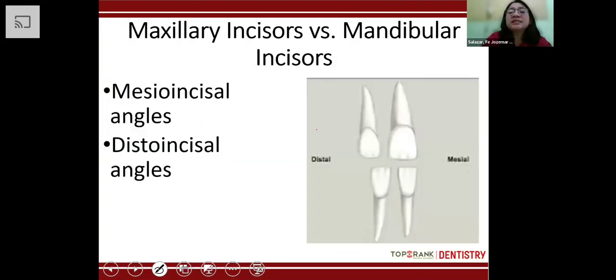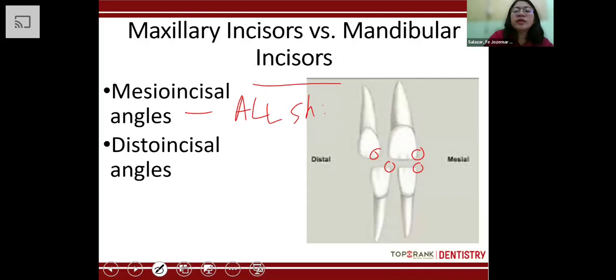Now let's discuss the incisal angles of your incisors. Okay. So tingnan natin yung mesio-incisal angles nila. Mesio-incisal angles are all sharp. For the incisors, all mesio-incisal angles are sharp, straight, 90-degree angle.